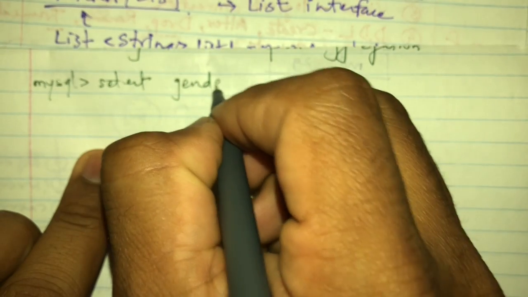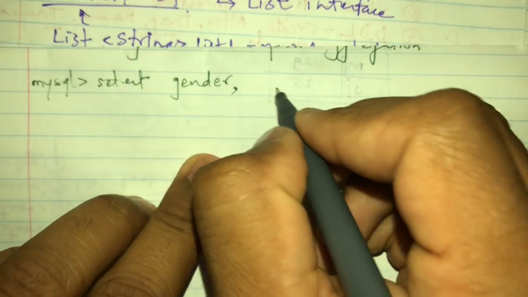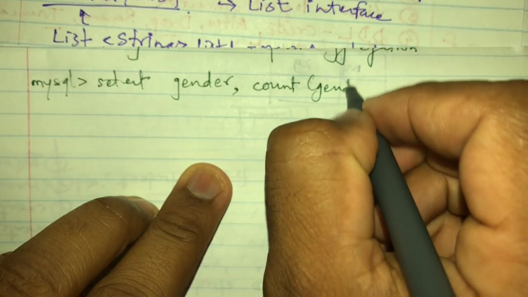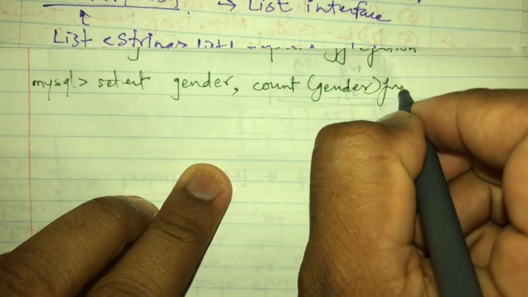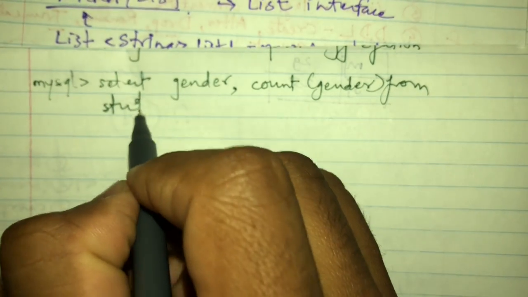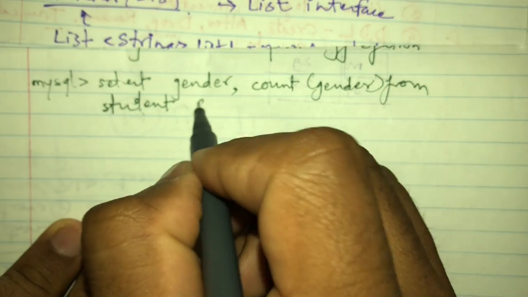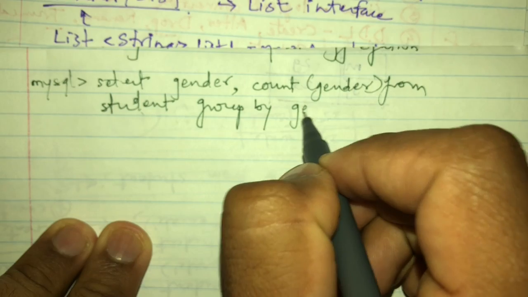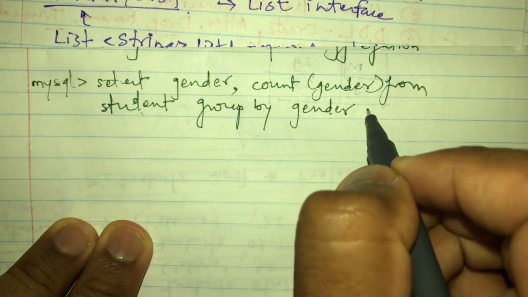So I will say select gender, and then I will say count of gender from student group by gender. That's it.